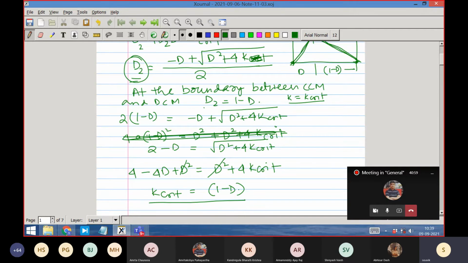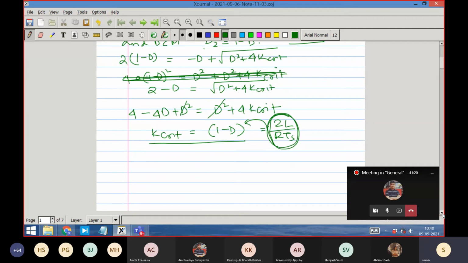So this is the value of K critical. K is nothing but 2L by RTS. This parameter reaching a value equal to 1 minus D means it is at the boundary. If K is less than K critical, it will be in discontinuous conduction mode.